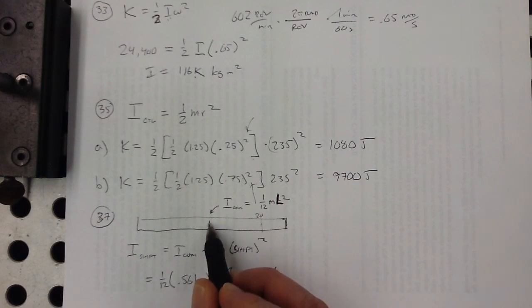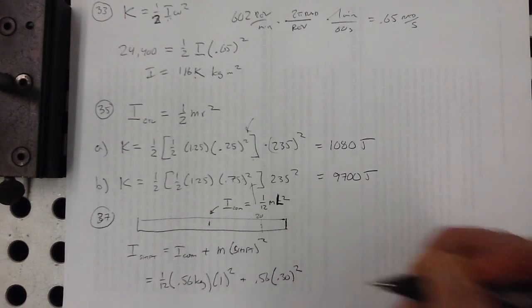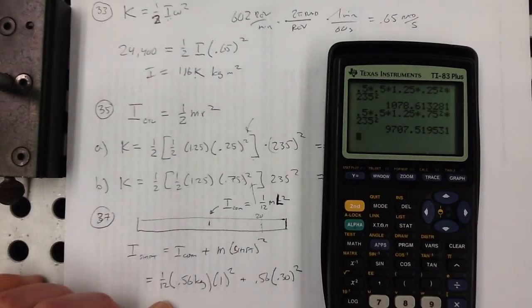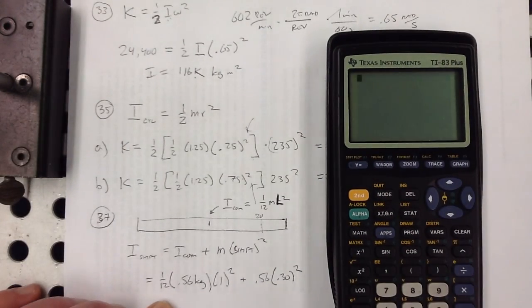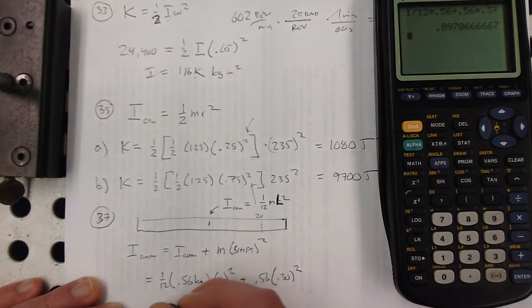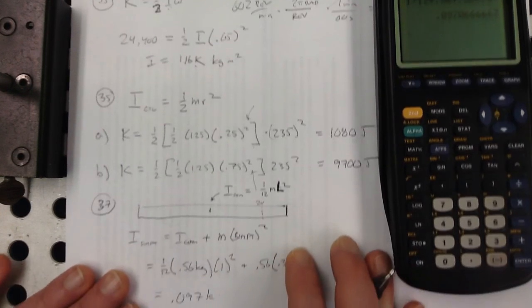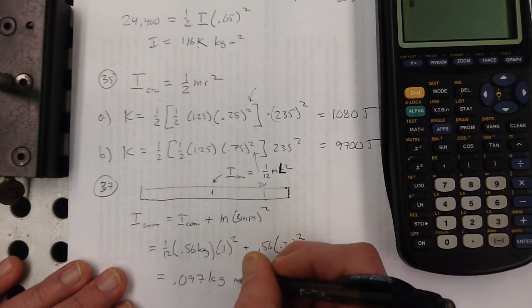So from the 50 centimeter mark to the 20, that's a shift of 30 centimeters, or 0.30 meters. So that should give me my new moment of inertia. So I've got 1/12 times 0.56 times 1 squared plus 0.56 times 0.3 squared. So that's about 0.097 kilogram meters squared.